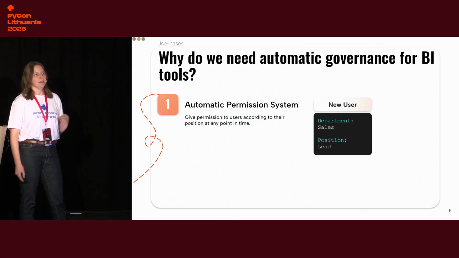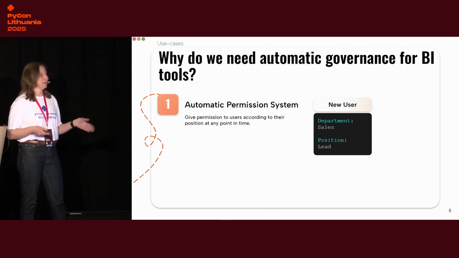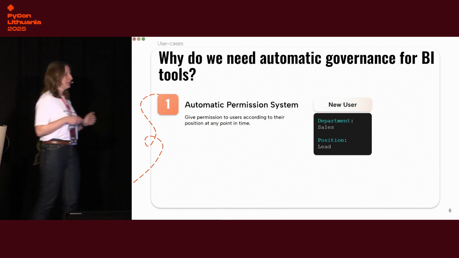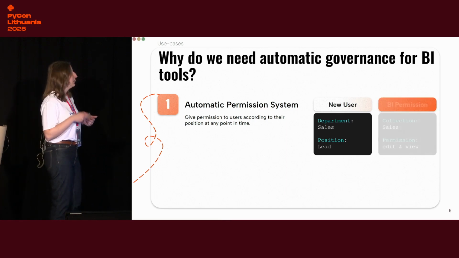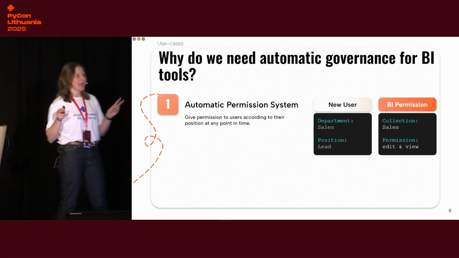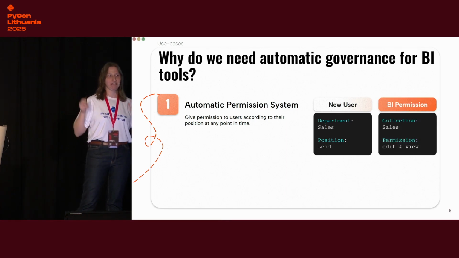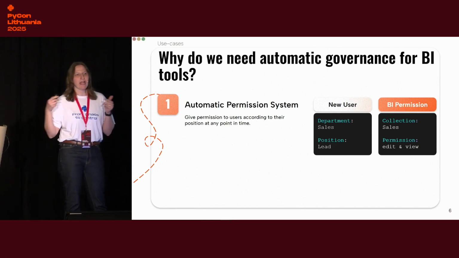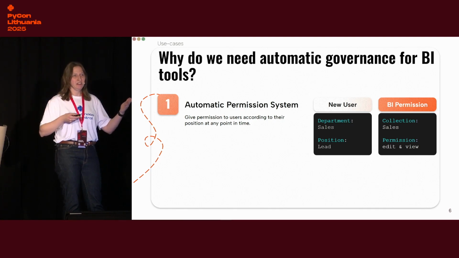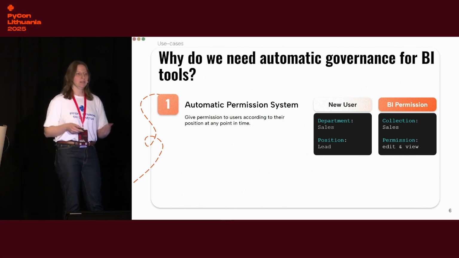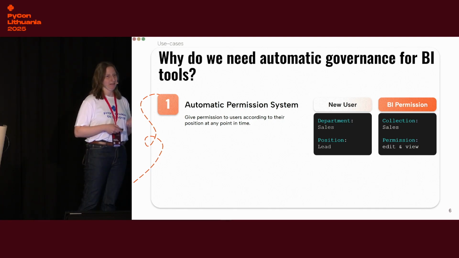This means if there is a new person coming in, entering as sales, and the position is lead, in my BI tool they would have access to the collection of sales, specifically for sales, and the permission would probably be edit and view. A lead can probably also edit, but if it's an intern, they cannot edit, just view. So this is the type of permission that I'm talking about.